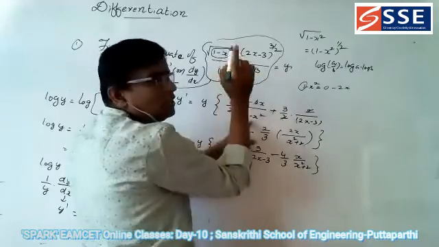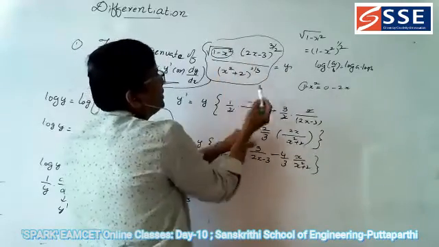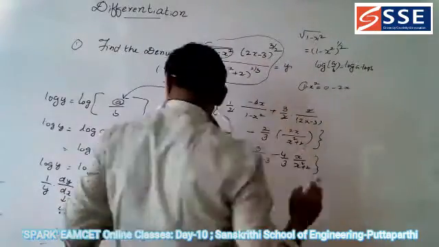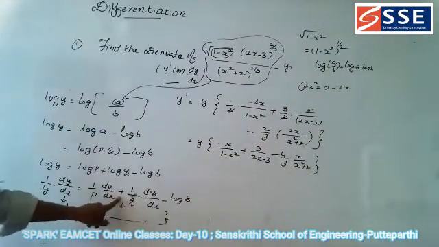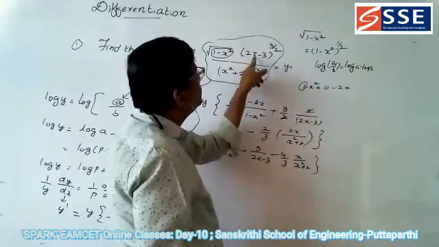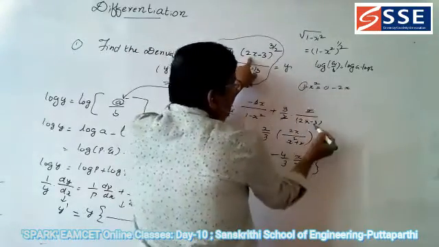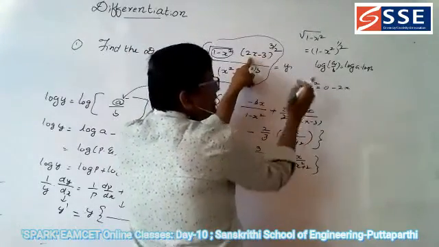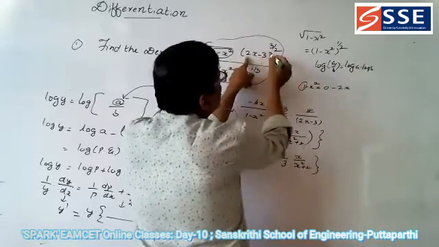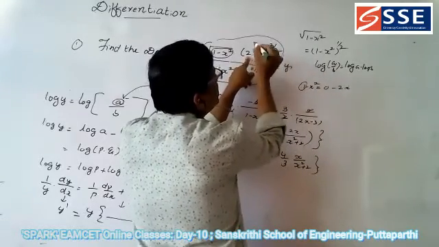The differentiation of a constant is 0. The differentiation of minus x square is equal to minus 2x. Plus, as usual, now 3 by 2 into, with a different denominator, 2x minus 3, divided by the differentiation of this, which is the differentiation of 2x, equal to 2 only.